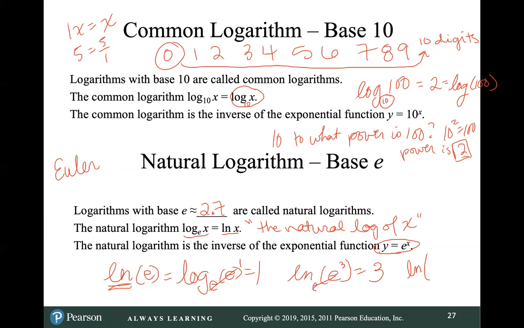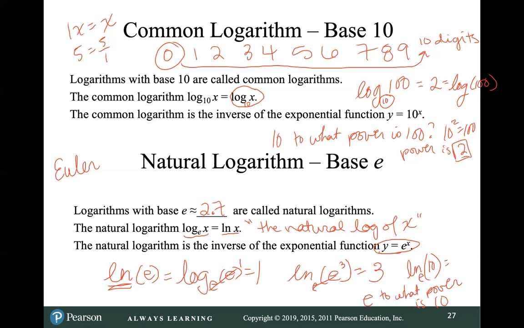I could take the natural log of 10, but that's not a calculation that I could do immediately in my head because I don't know e to what power is 10. It's not going to be an integer. It's going to be something with a decimal, and it's probably irrational. Okay, now your calculator can do that easily. There is a button for natural logs, which we'll practice in the classwork.